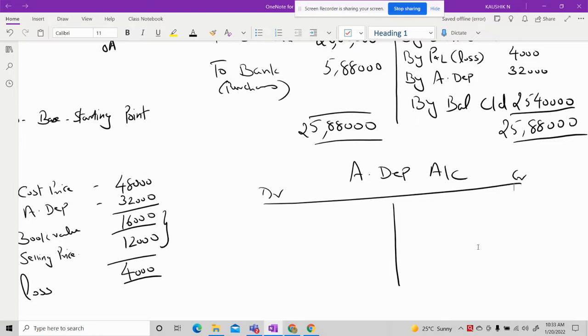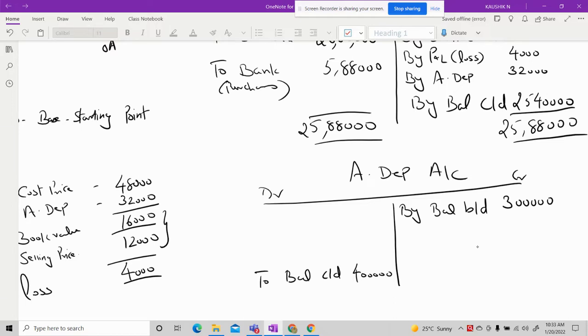So first let me bring the accumulated depreciation value. By balance brought down, opening was given as rupees 3 lakhs. In parallel, write the closing also: to balance carry down, the closing value was 4 lakh rupees as given in the question.